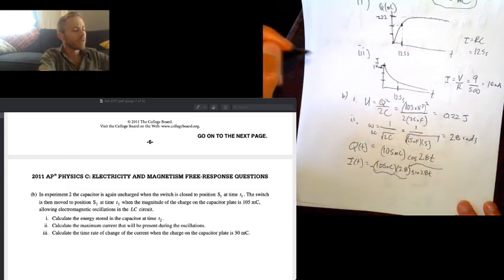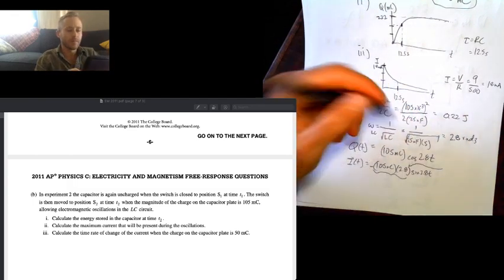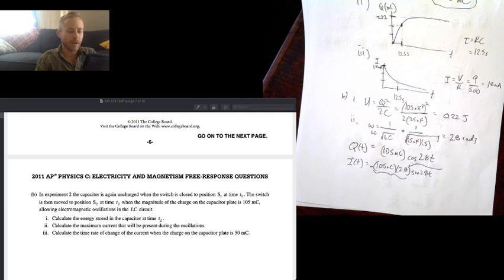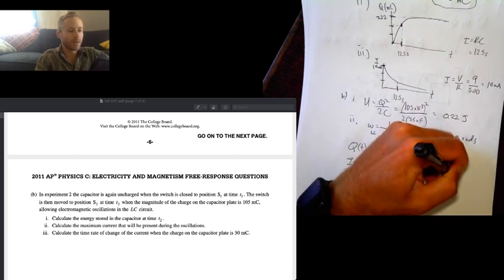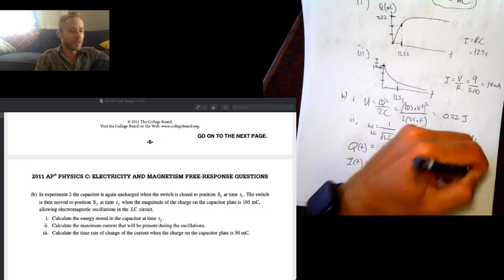So 105 times 10 to the minus 3 times 2.8 gives the maximum current as about 0.29 amps.